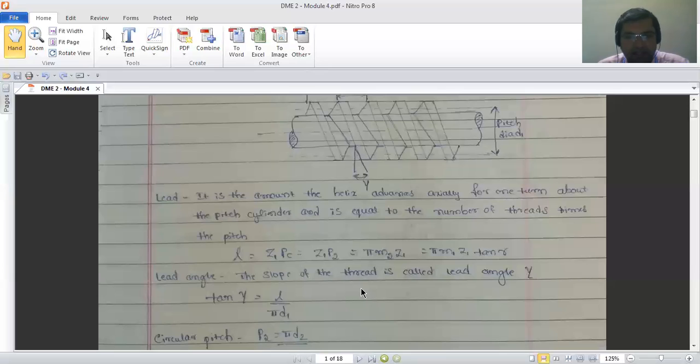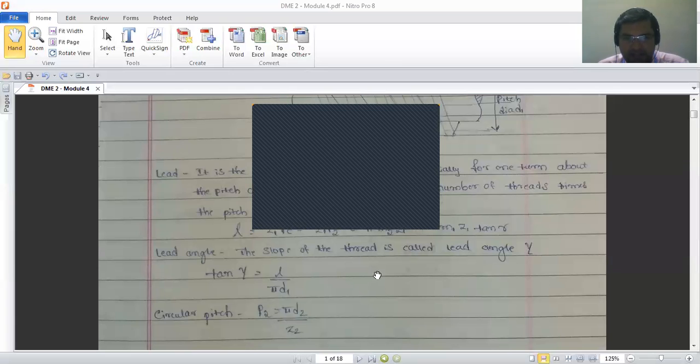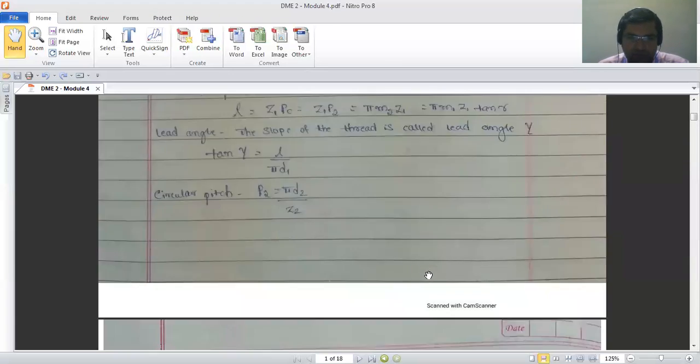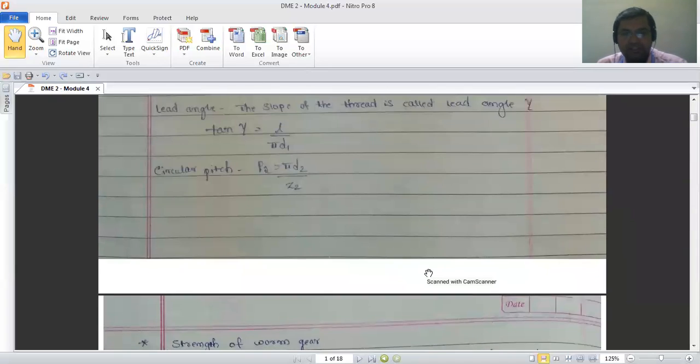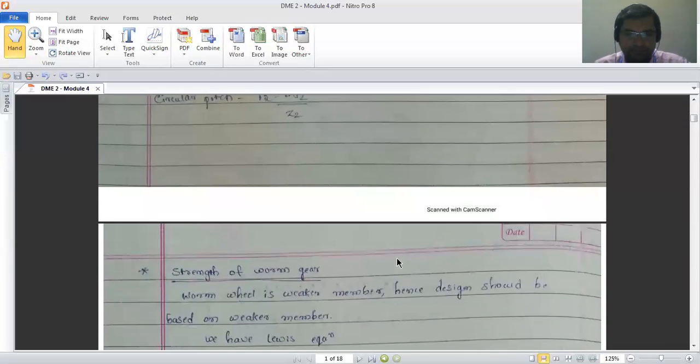It can be mathematically represented as tan gamma equals L by pi d1. D1 is the pitch circle diameter of the worm. The circular pitch P2 can be written as pi d2 divided by Z2. So these are some important terminologies one should know before going to design the worm and the worm wheel.